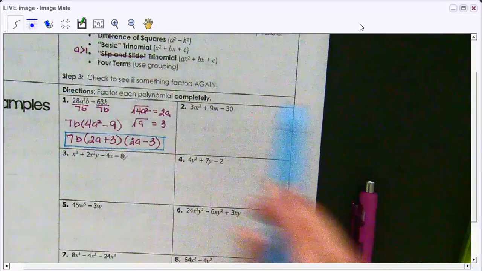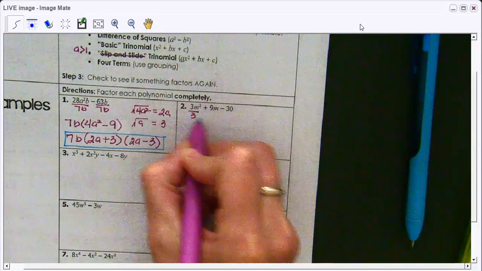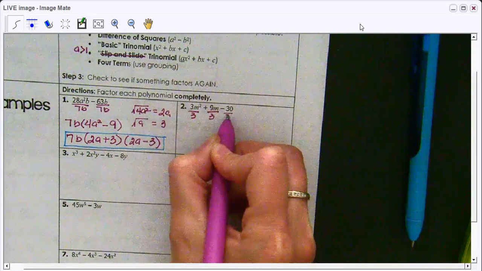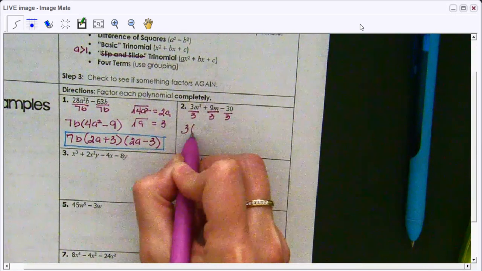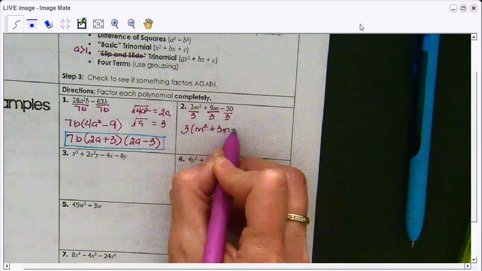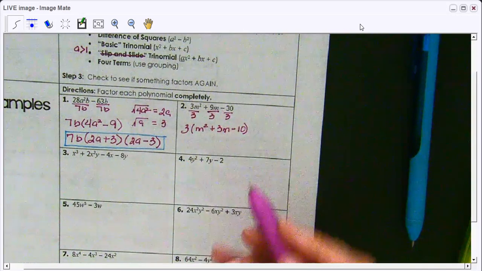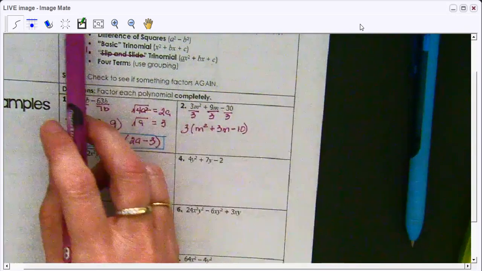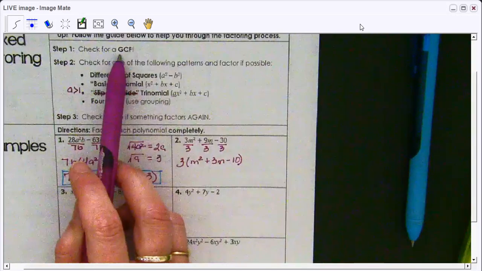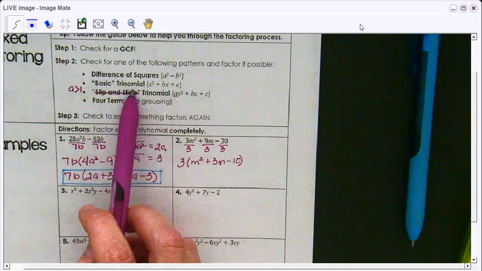Okay, so we have to factor out the GCF, which is 3. So you end up with 3 times m squared plus 3m minus 10. Oh, this looks familiar, actually. So that's what we did. We did step 1, we factored out the GCF. And in looking at these 4 options, it's a basic trinomial.